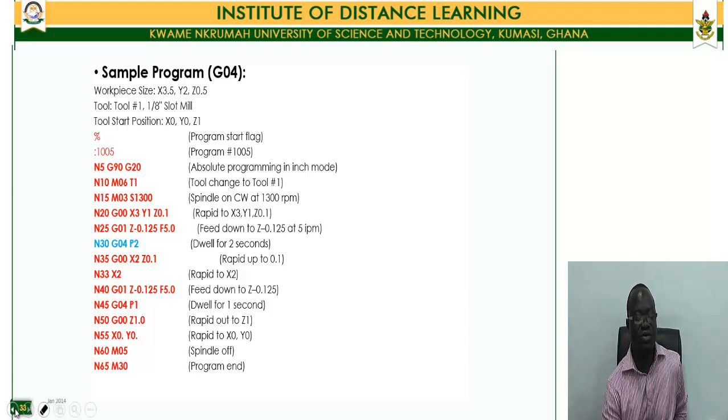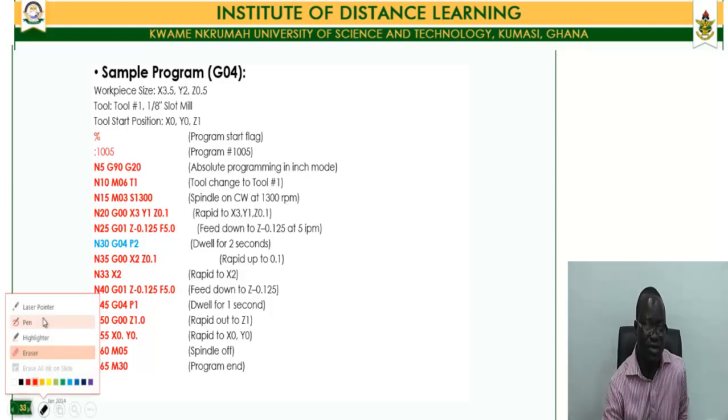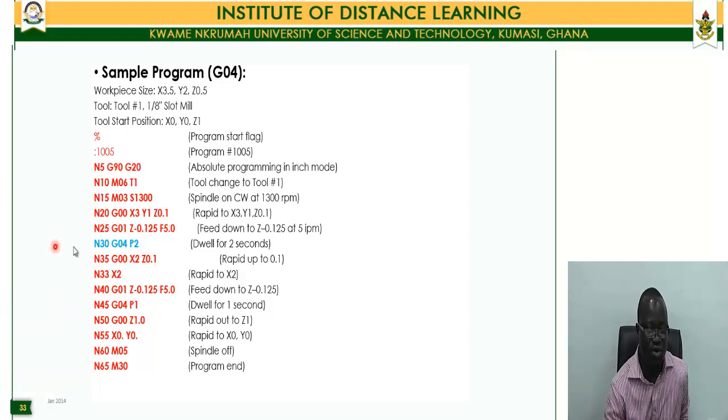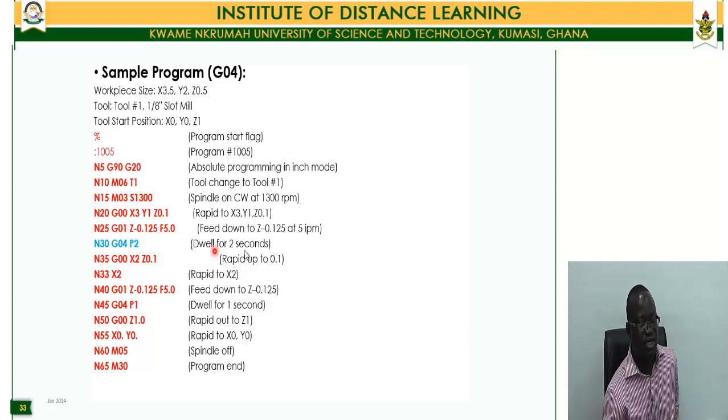It will be rotating on the axis, but it will not be moving down or up or along any axis for 2 seconds before it takes another move. So dwell is just a G04 command with a letter P, and the number is the time in seconds. So if you have 2, you have 2 seconds, 3 seconds, and so on.